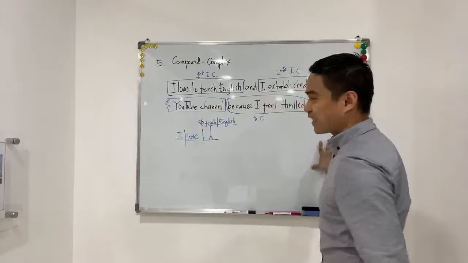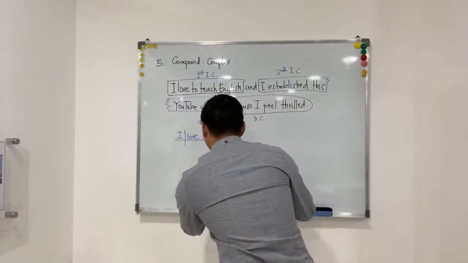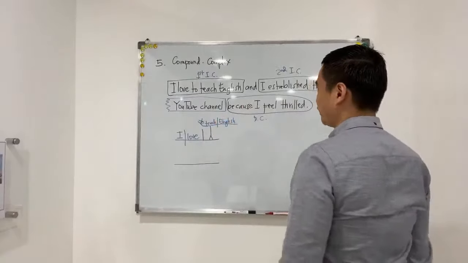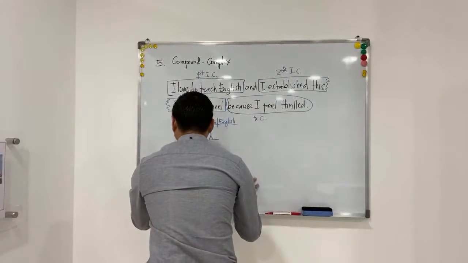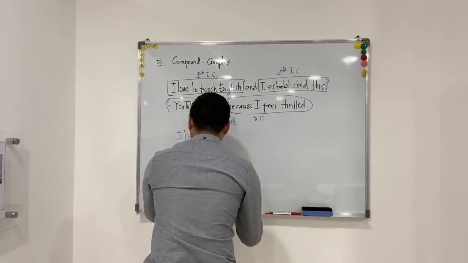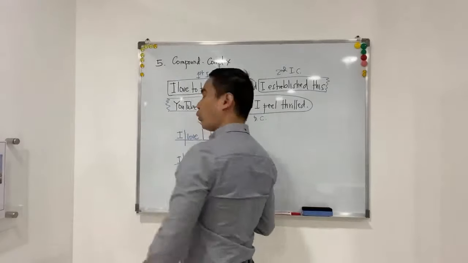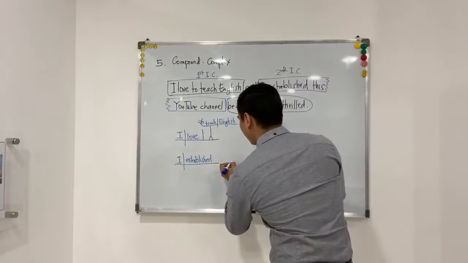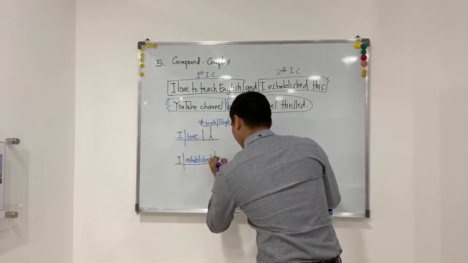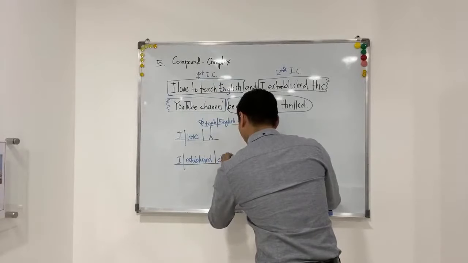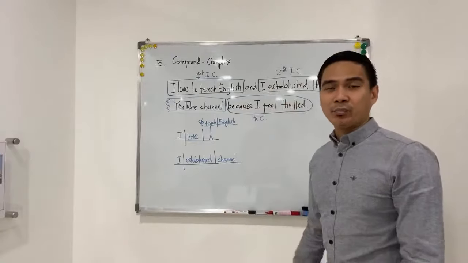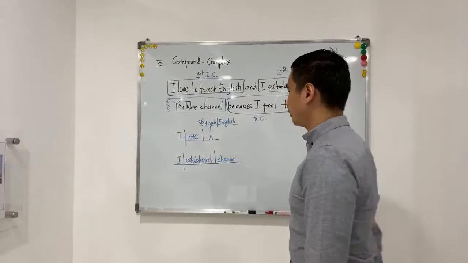And just the same, draw the base. I established this YouTube channel. I established. What did I establish? Channel. Channel is the direct object of established.